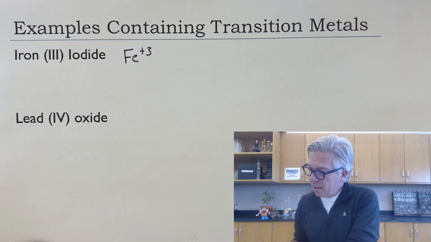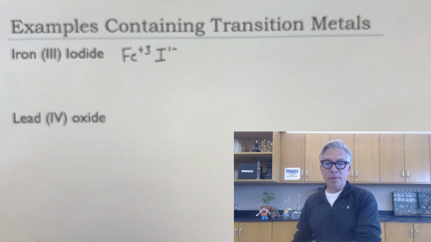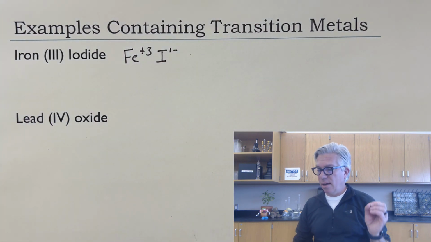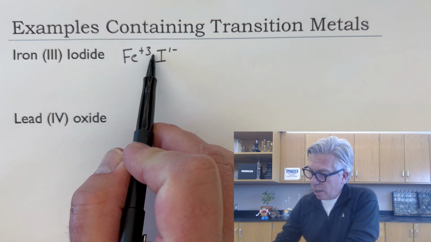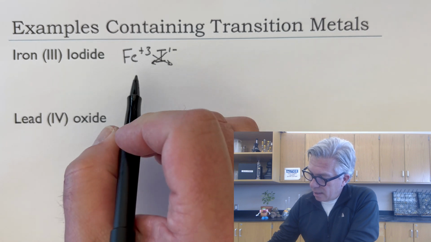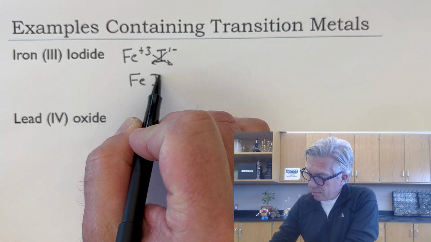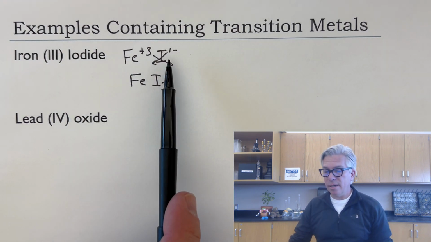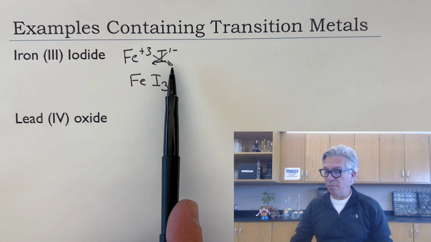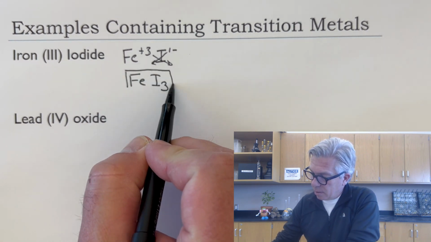Okay, and then the iodide, looking at our resource, has a -1 charge. So Fe plus 3, iodine 1 minus. And just what we're going to do, same as last time, we're going to swap those numbers, and they will become the subscripts, Fe1, I3. Okay, and that balances. 3 positives and 3 iodines at 1 each will give you 3 negatives, and that will balance. So make sure that that's in reduced form, which it is.